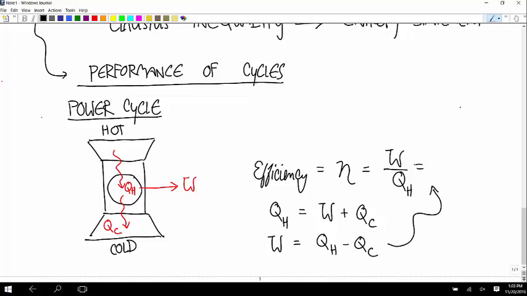That lets you rewrite this in terms of the heat gained and the heat lost as QH minus QC over QH. That gives you 1 minus QC over QH. We'll see pretty soon why that's a useful form of this, but it's just rearranging this relationship that we have to have because this is a cycle. Okay, it's a cycle, so this just has to be the case. Okay, that's the efficiency.